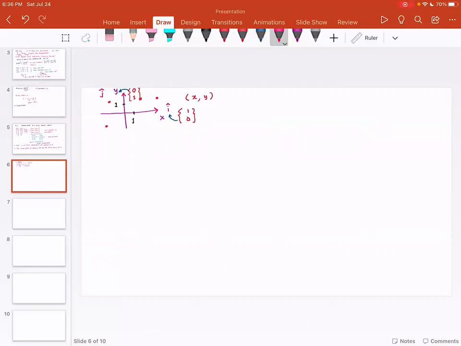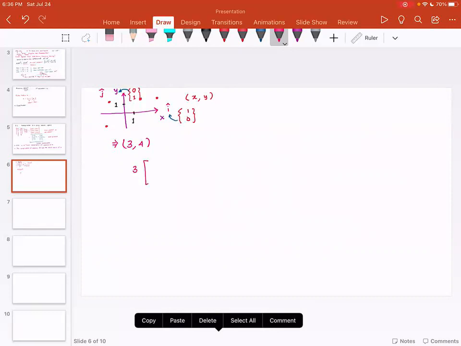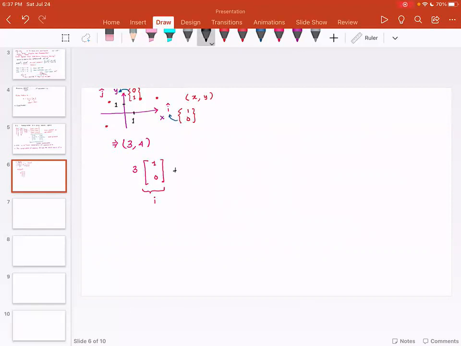So if I have a point 3, 4, I can write it as 3 times 1, 0, because this is the unit vector i, plus 4 times 0, 1, because this is the unit vector j.